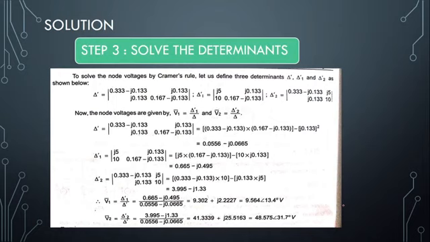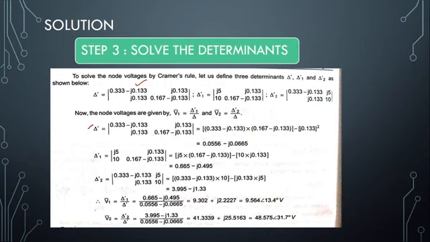We have two voltages V1 and V2. So V1 will be del 1 by del, V2 will be del 2 by del. So first find what is del. Del 1 means replace the first column by the current, second column remains the same. Del 2 means replace the second column by the current values, first column remains the same.